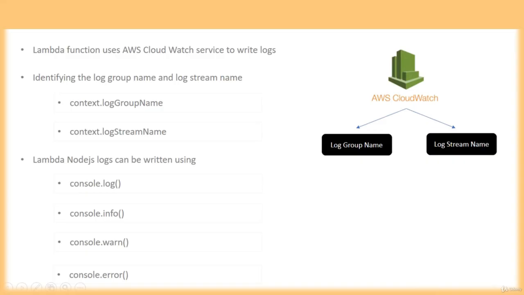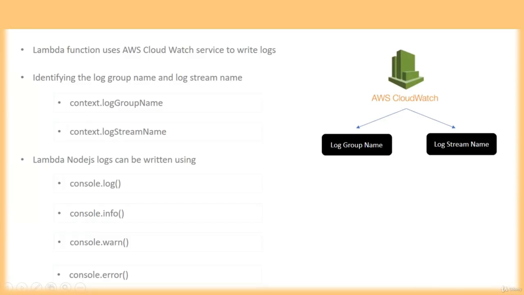A Lambda function uses this CloudWatch. We can identify the log group name and log stream name using certain code. As you can see here, context.logGroupName will display the log group name, and similarly context.logStreamName displays the stream name of the log.